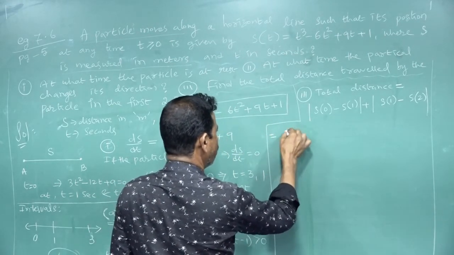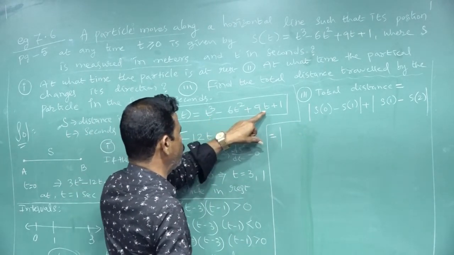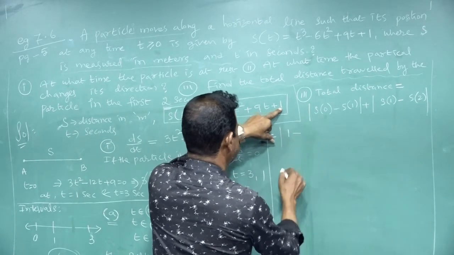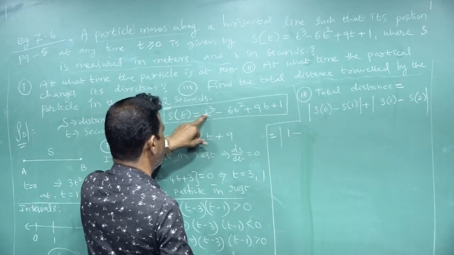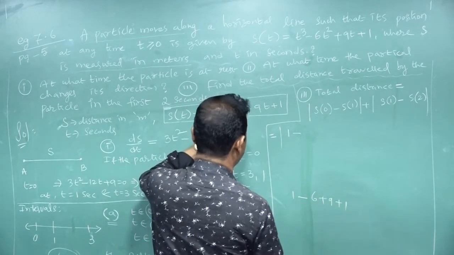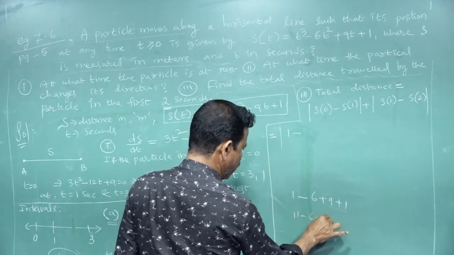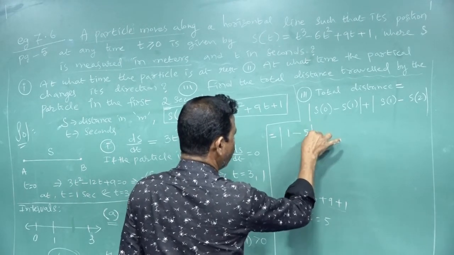So it is equal to modulus of S of 0, substituting 0, only 1 remains, minus S of 1, that is 1 minus 6 plus 9 plus 1. The total value is 11 minus 6, which is equal to 5.